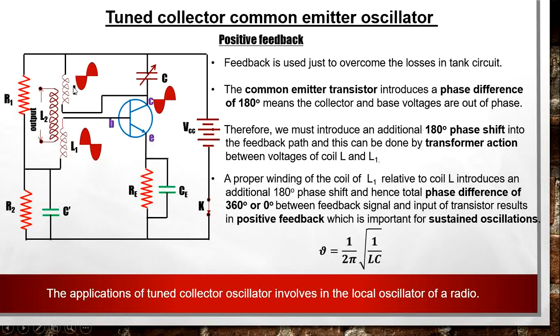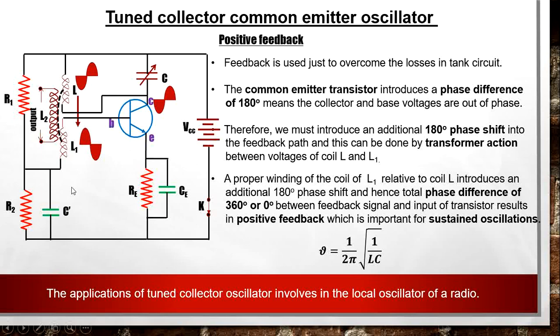Now this L and L1 are connected in such a way that during this mutual induction there must be a 180 degree phase difference. Only then can we nullify this phase difference. It means when the signal is induced from coil L to L1, there must be a 180 degree phase difference.